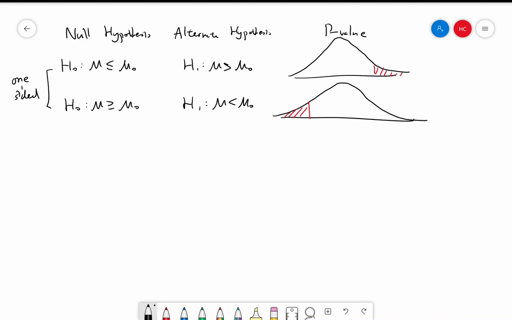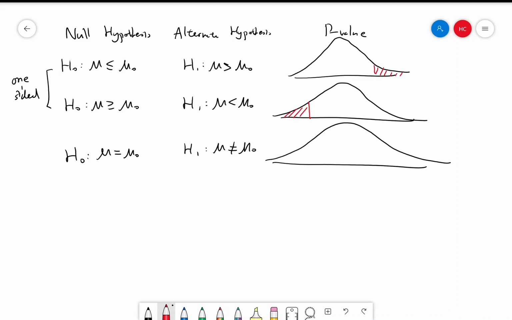And we can also do a two-sided test, as we just did. In that case, the null hypothesis is mu equals mu 0, and the alternate hypothesis is mu not equal to mu 0. Then in that case, the p-value is the area of the two tails. So this is a two-sided test.